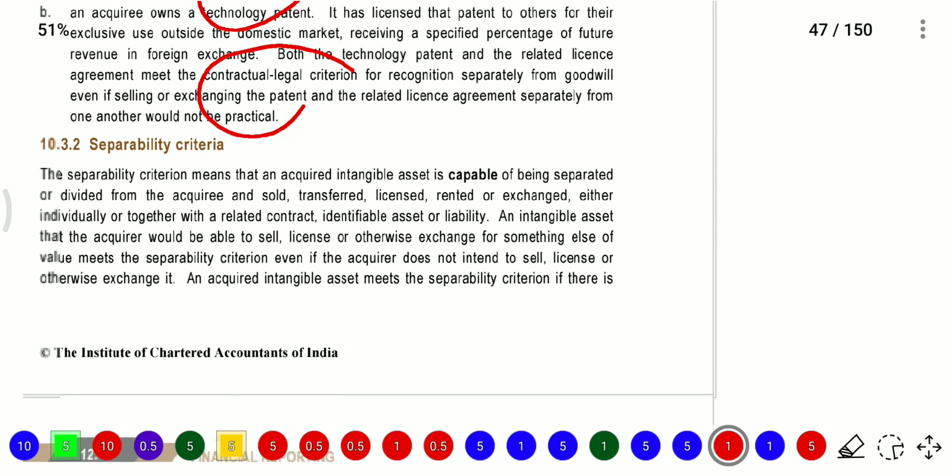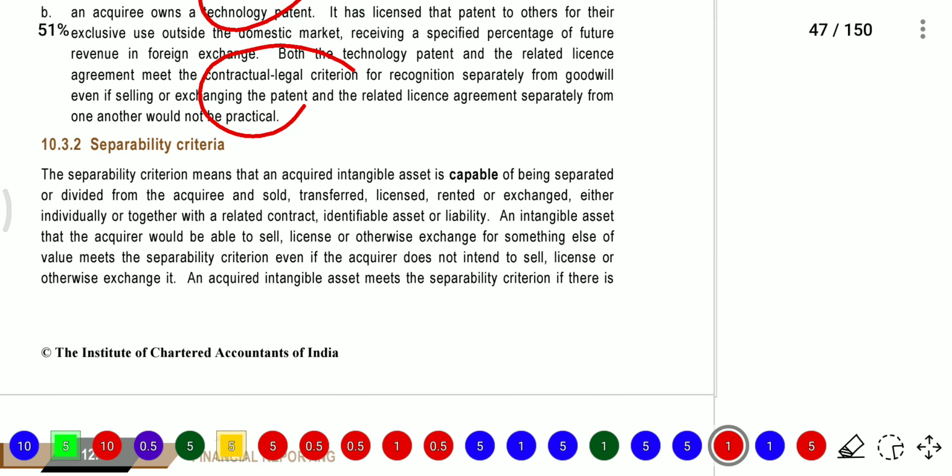Next, the separability criterion. If you have any intangible asset that is capable of being separated or divided from the acquiree, then we see whether it can be sold, transferred, licensed, rented or exchanged, either individually or together with a related contract, identifiable asset or liability.